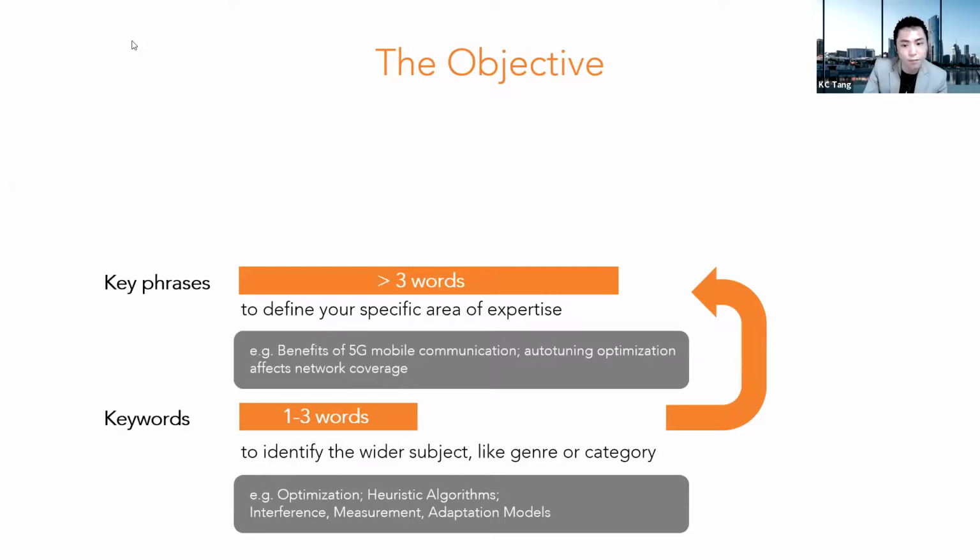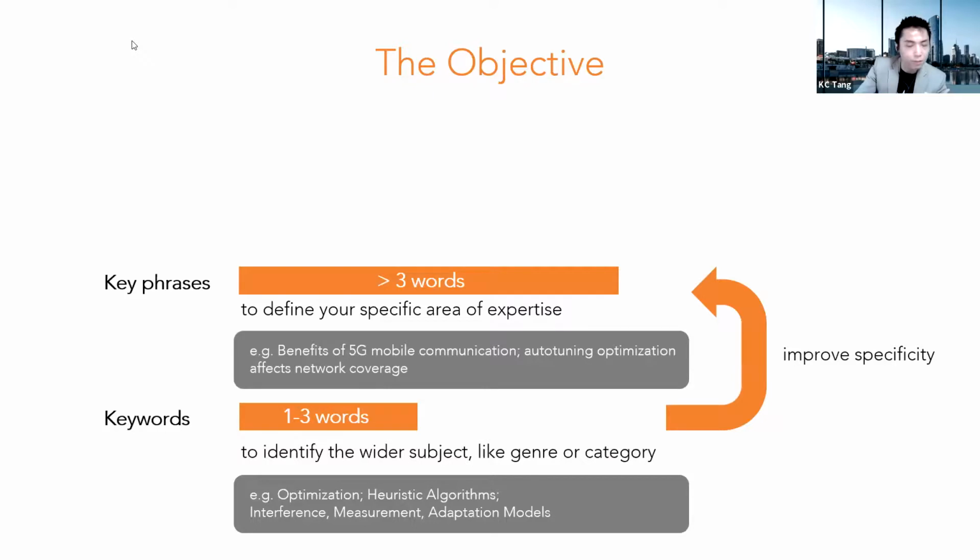In this case, this paper, I remember their novelty is to create an auto-tuning optimization function. So how does this auto-tuning optimization affect network coverage? They could come up with a key phrase like auto-tuning optimization affects network coverage, then it will bring people searching to the paper itself.